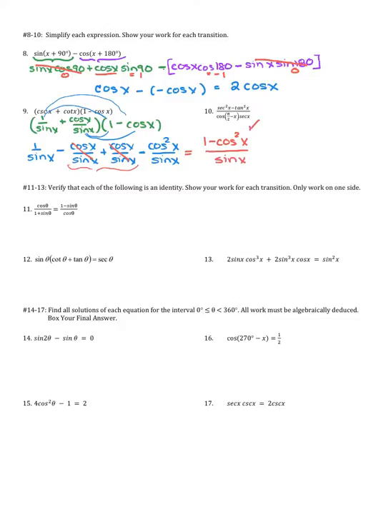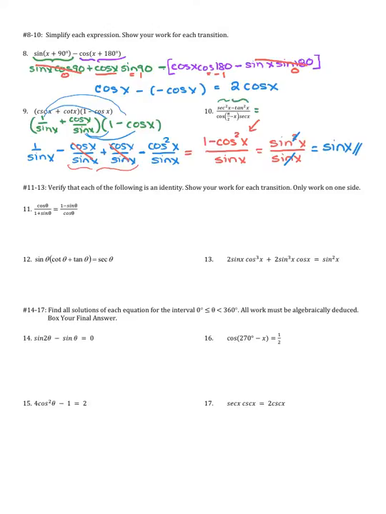Hopefully then you notice by your Pythagorean identities, this equals sine squared x, and again, you want to show me every step when you're doing these. You don't want to skip something. And then we can see that this one sine will cancel with that, so our final answer is just sine x.